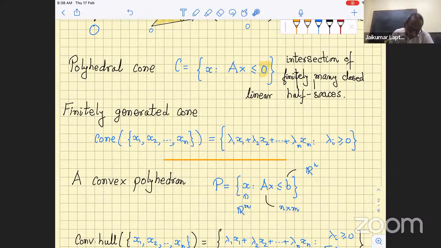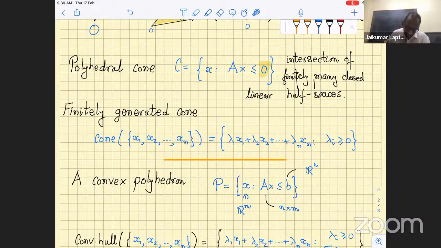So there are two ways of defining a cone. Either you could define it using inequalities, or you could define it explicitly using some rays which generate it. And in both cases, something is finite. Here the number of inequalities is finite. Here the number of points given is finite.